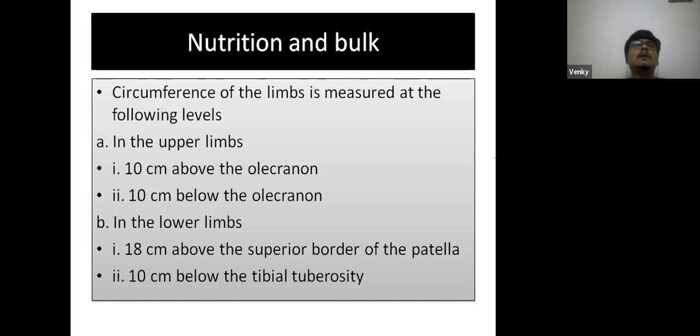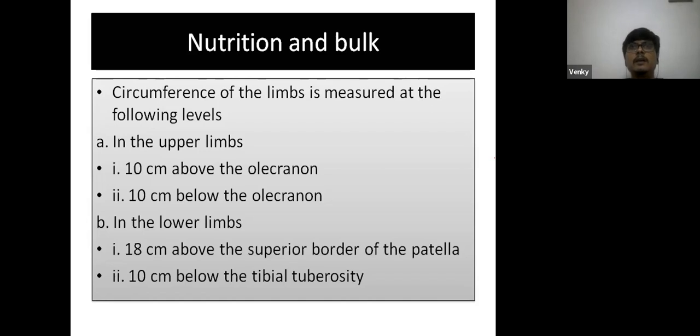For example, you know about Hirayama's disease, no? In Hirayama disease, you can see small muscle wasting in the hand, and the brachioradialis will get spared. So this is the classical feature of Hirayama's disease. By observing the patient, you can diagnose a case of Hirayama's disease.